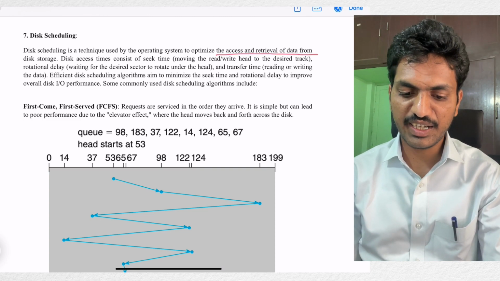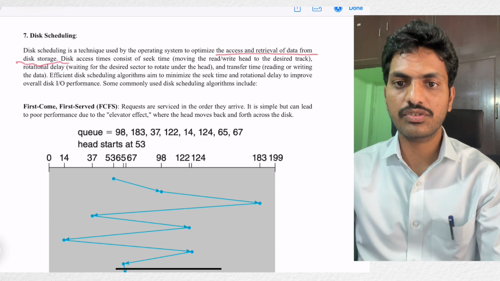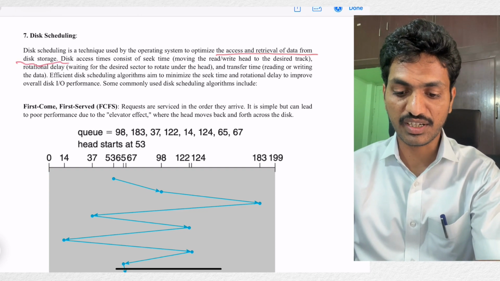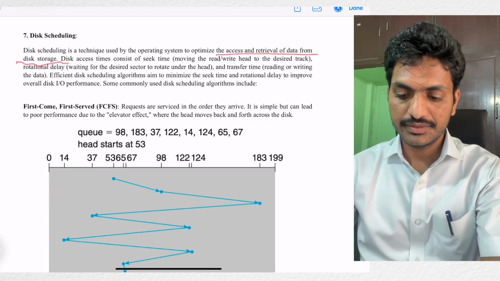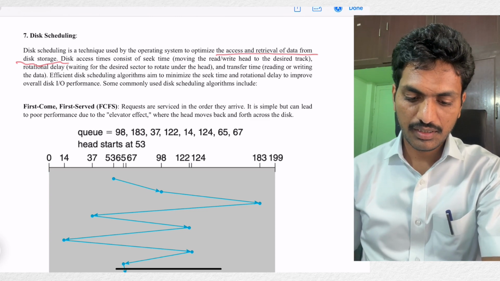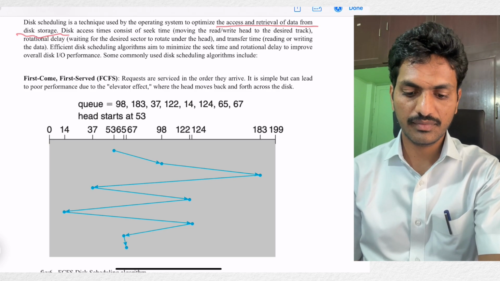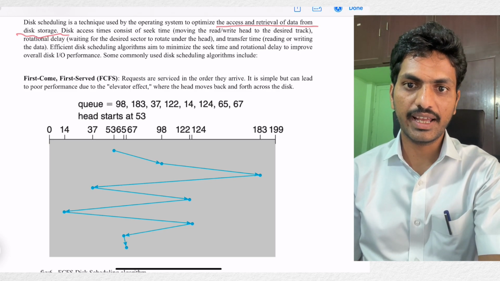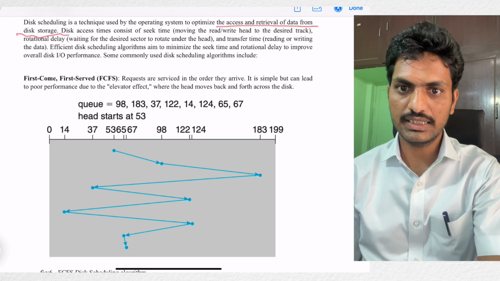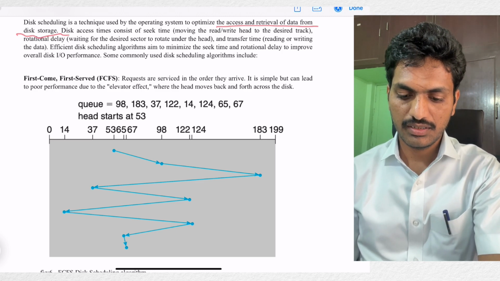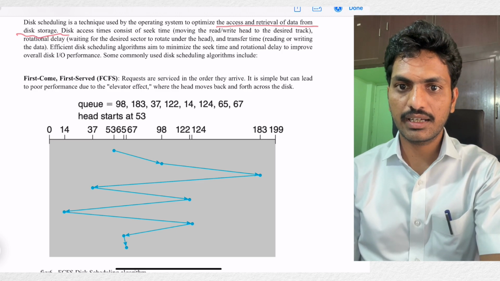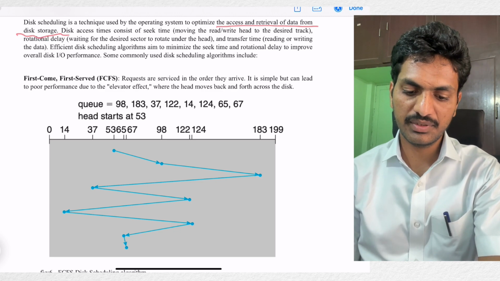For accessing and retrieval of disk storage, we need disk scheduling. Here, we have some requests given for data access in our disk. We keep those requests in some queue.